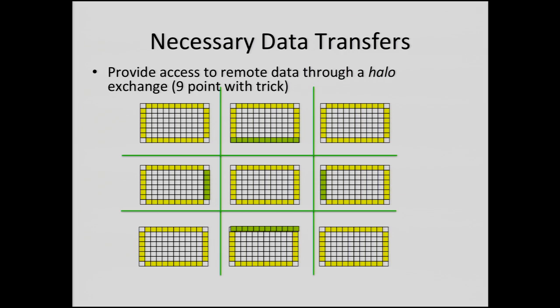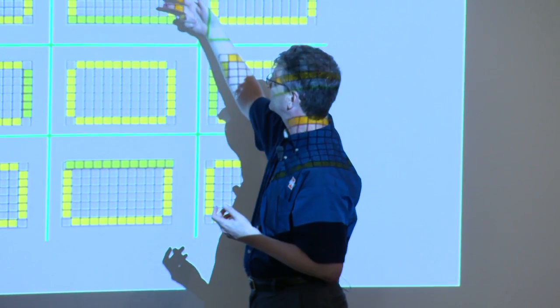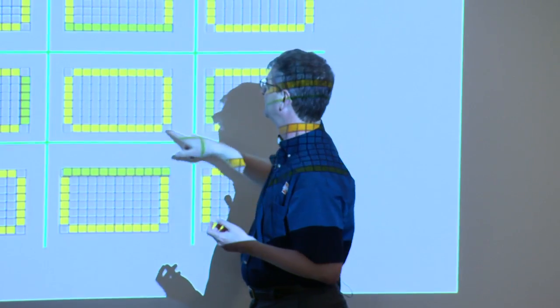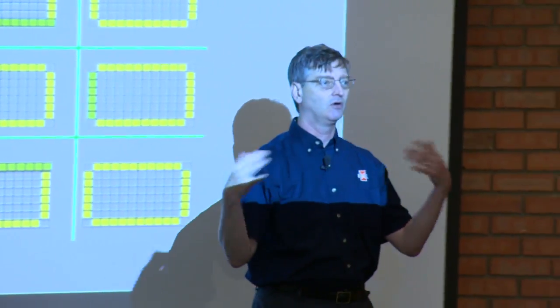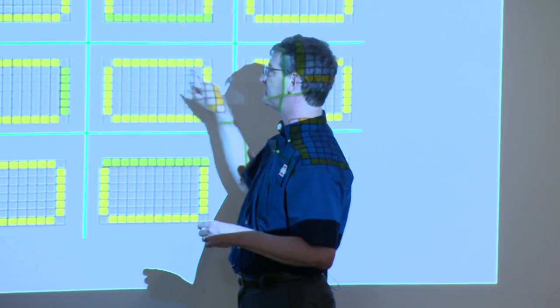So this gives you a way to provide the data. So at the end of this, each process can have all of the data that it needs from the 8 surrounding processes. And now it can just run over all the data for which it's responsible and get the information.